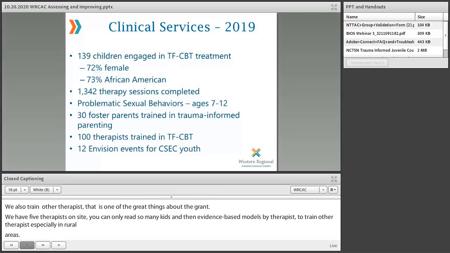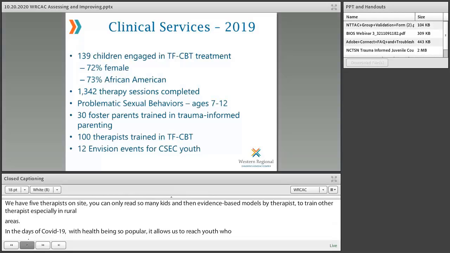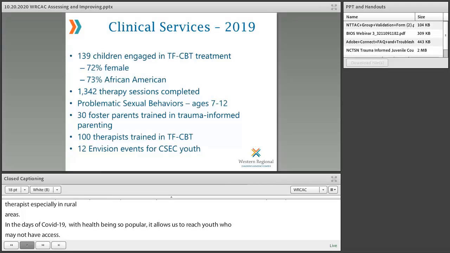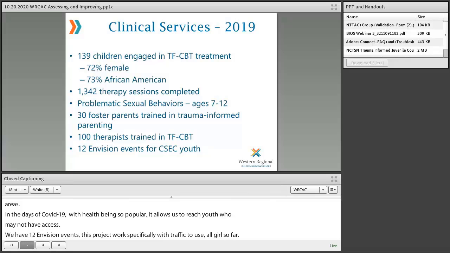And then our Envision events is our other grant that I mentioned, which is funded through OVC. This particular project works specifically with trafficked youth, all girls so far, only because the residential programs that we have in Georgia only serve girls. But we have ongoing events with them, from independent living skills, to career readiness and how to apply for college.